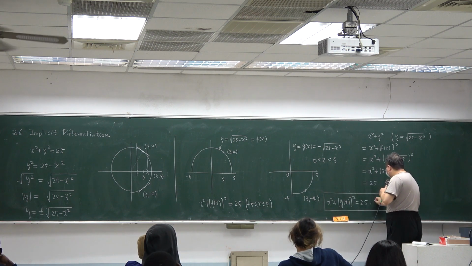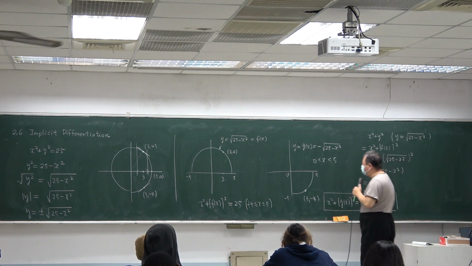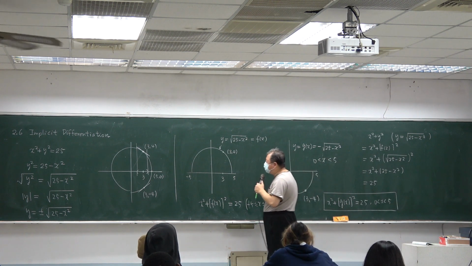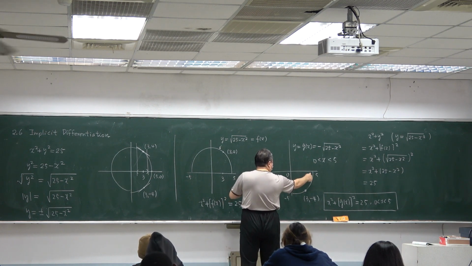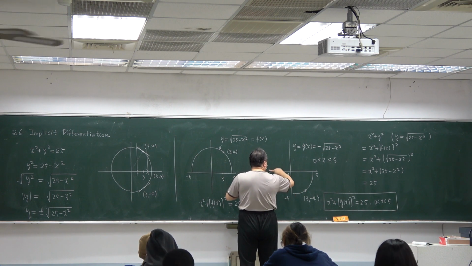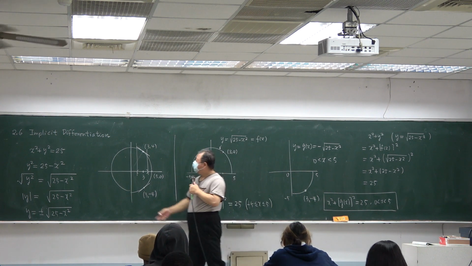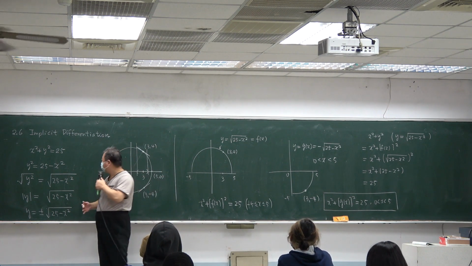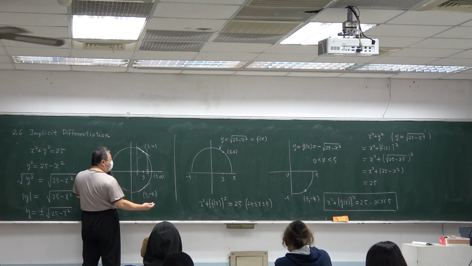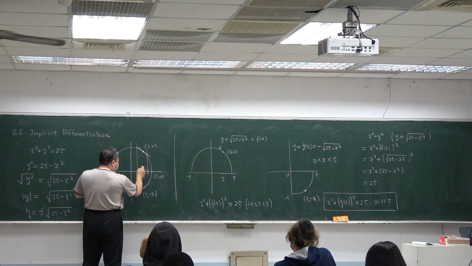Here maybe we consider x between 0 and 5. There are many possibilities. For example, we choose h of x to be this part together with this part, which is also a function satisfying this equation. There are many possibilities. Or we even just consider some small neighborhood of the number 3.